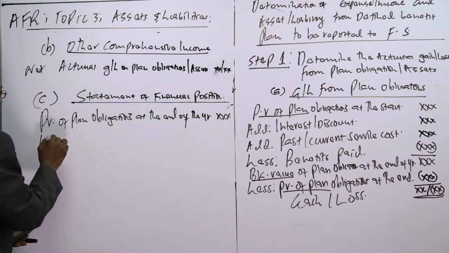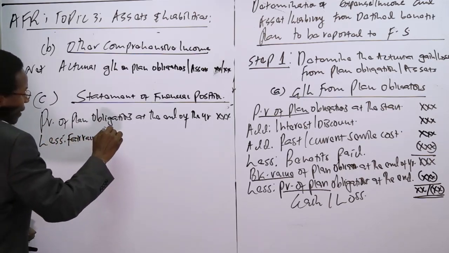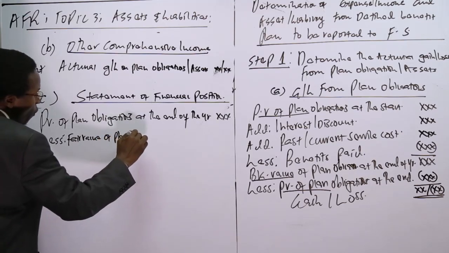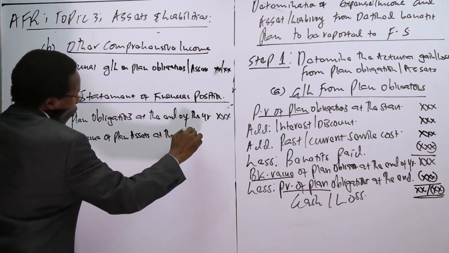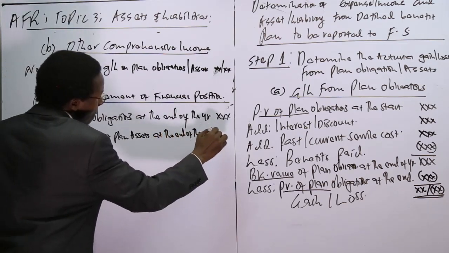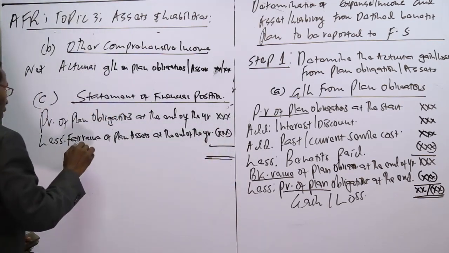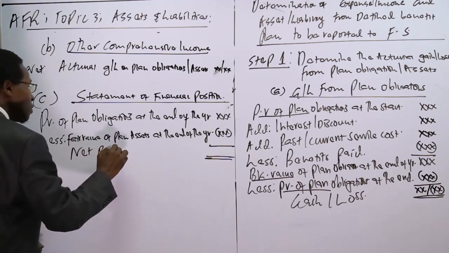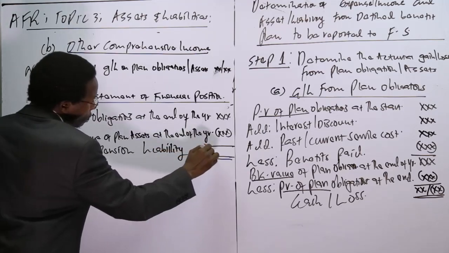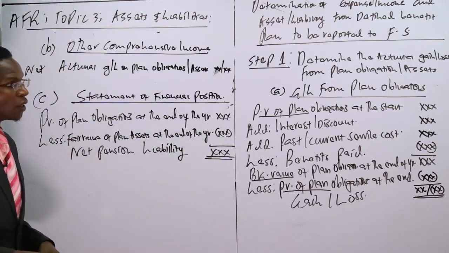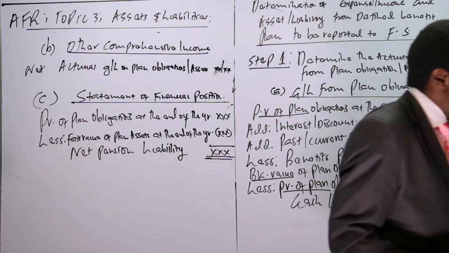Then we are going to less the fair value of plan assets at the end of the year. So you'll have the net pension liability. So that is simply what you should do in a defined benefit plan.